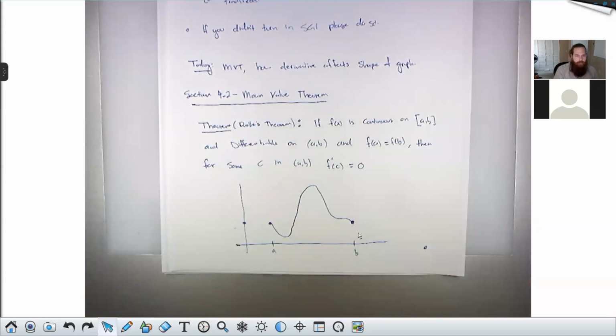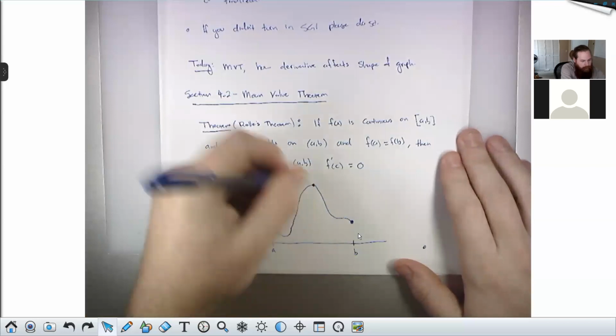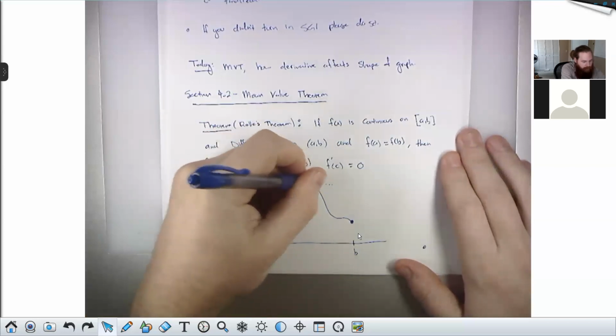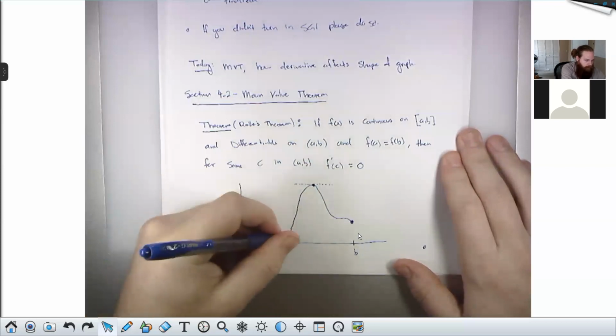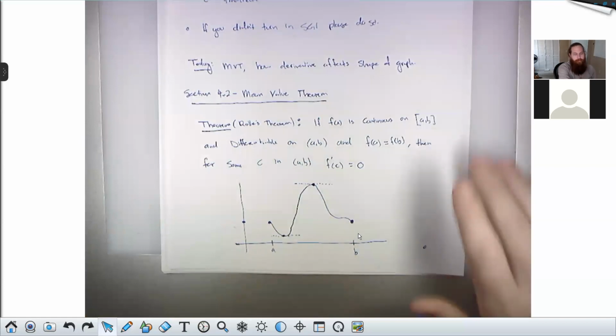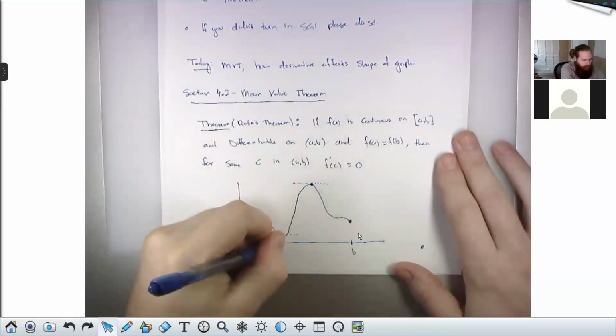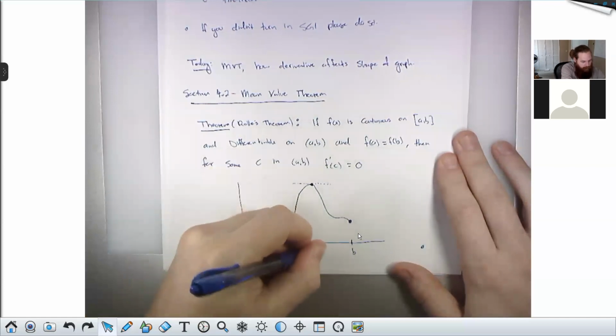What Rolle's theorem says is that there has to be at least one horizontal tangent line. Now, as I drew it here, there are two. So you could take this to be a value C, maybe call it C1, take this to be another value C, call it C2.